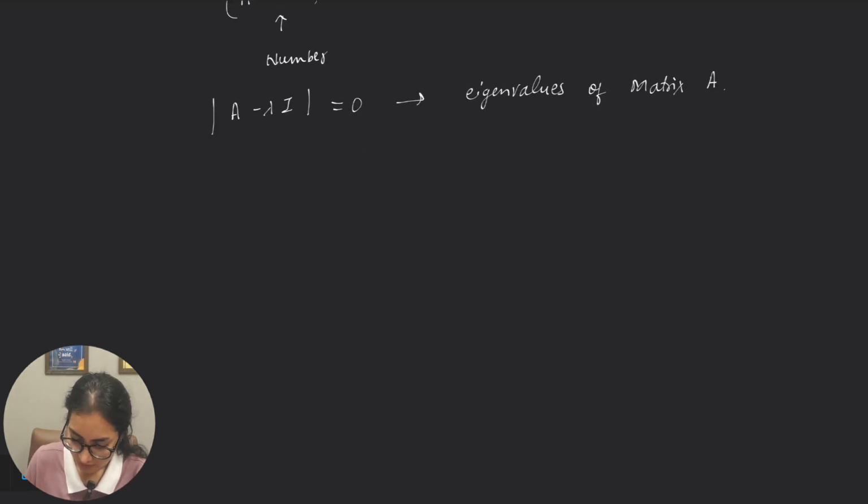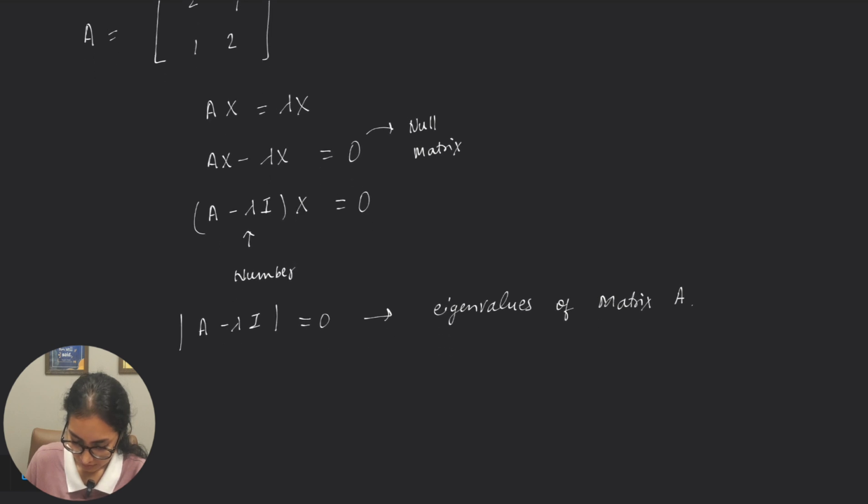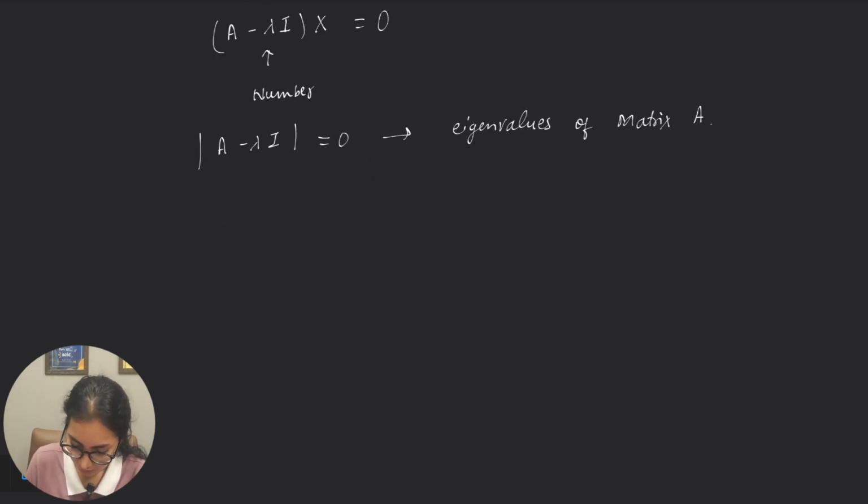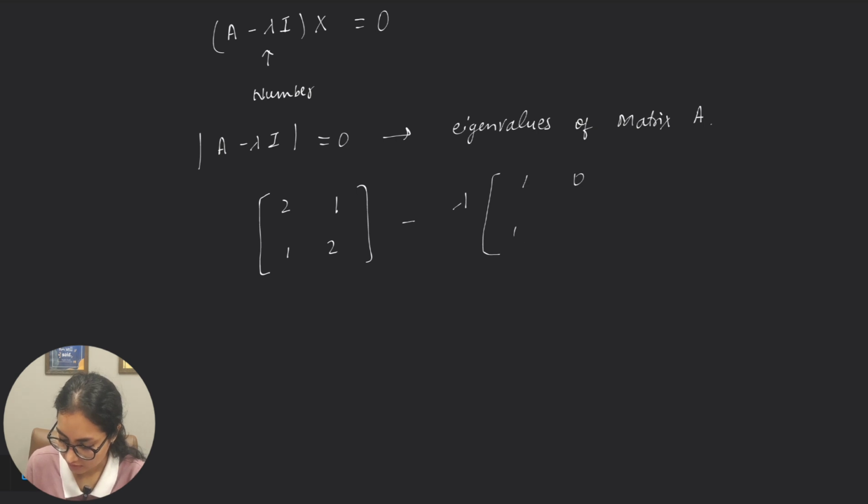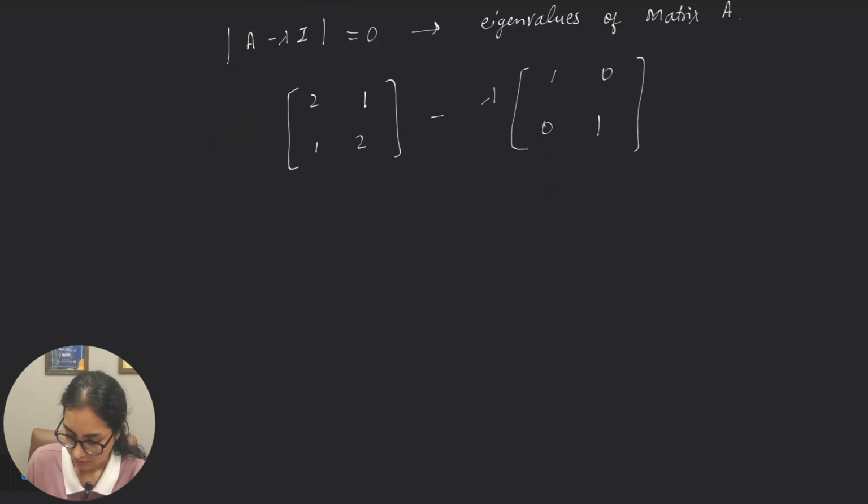Right, so let's do it. What was my matrix? 2, 1, 1, 2. So let's calculate the determinant of A minus lambda I, where I is the identity.